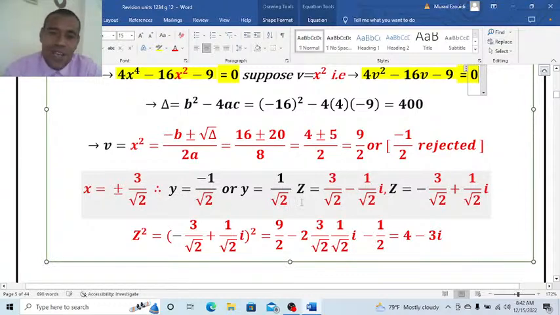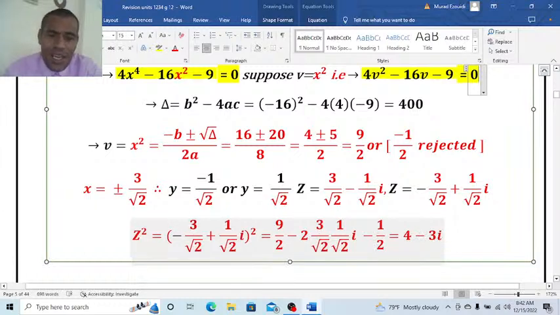Therefore you can write your complex number z as 3 over root of 2 minus 1 over root of 2 i. This is the first complex number, and the second one is -3 over root of 2 plus 1 over root of 2 i. If you want to check, square this complex number and you will get 4 minus 3i.